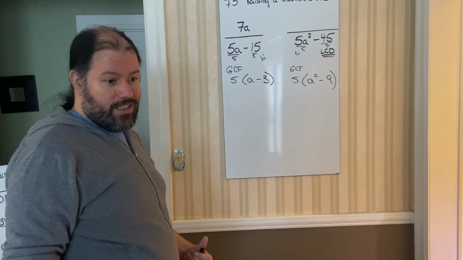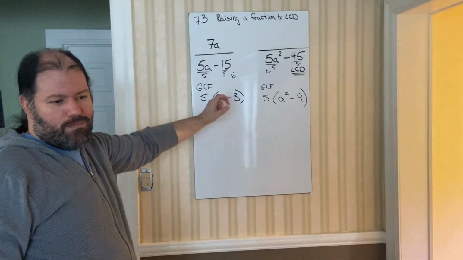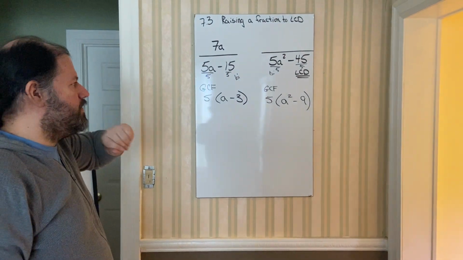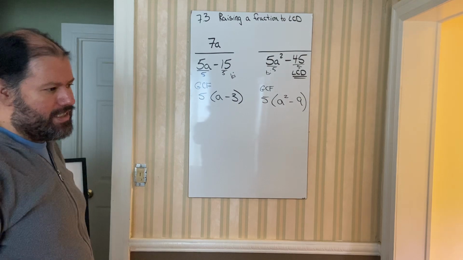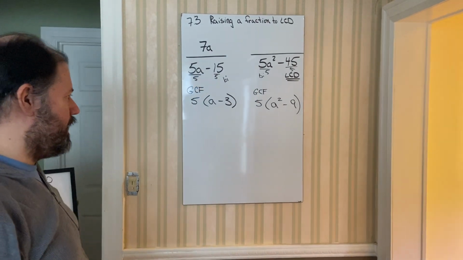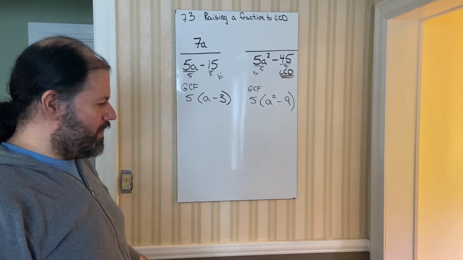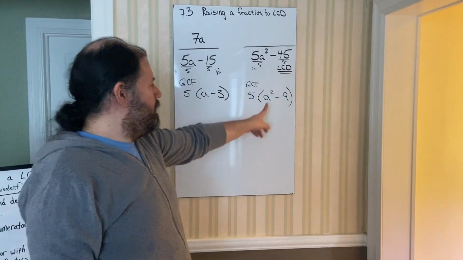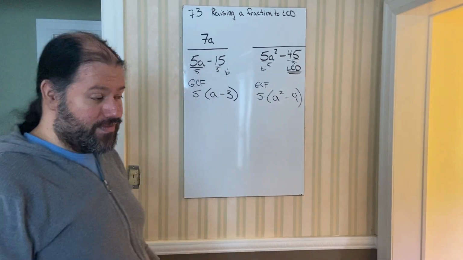Now just because you found a GCF doesn't mean you're done factoring. I didn't factor the first one any further because it's 2 terms, and the only thing I can do with 2 terms is difference of squares. And notice that didn't have an exponent that's even, so I couldn't break that down any further. But this one, notice it's 2 terms, so we always have to check for difference of squares. Perfect square, and a minus sign.